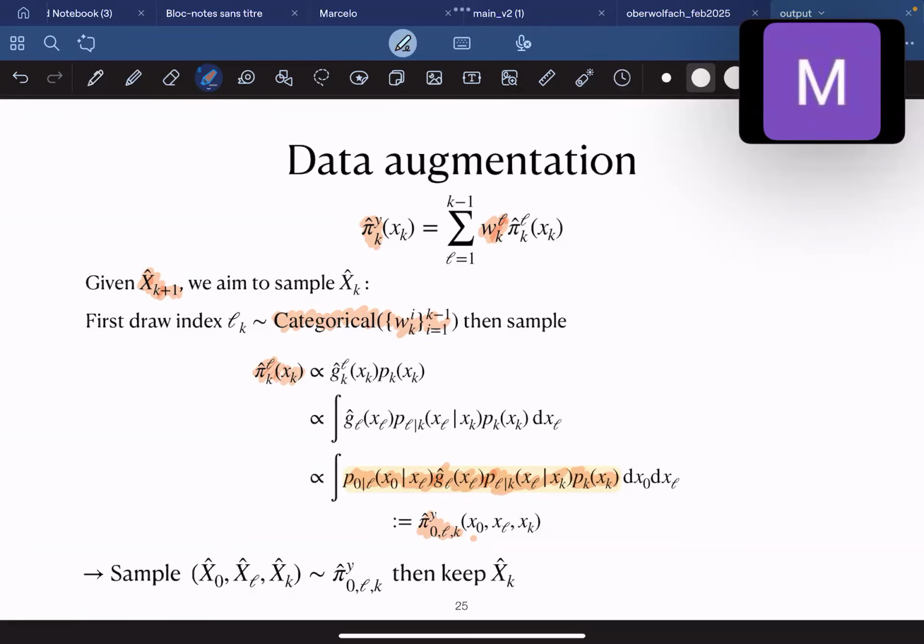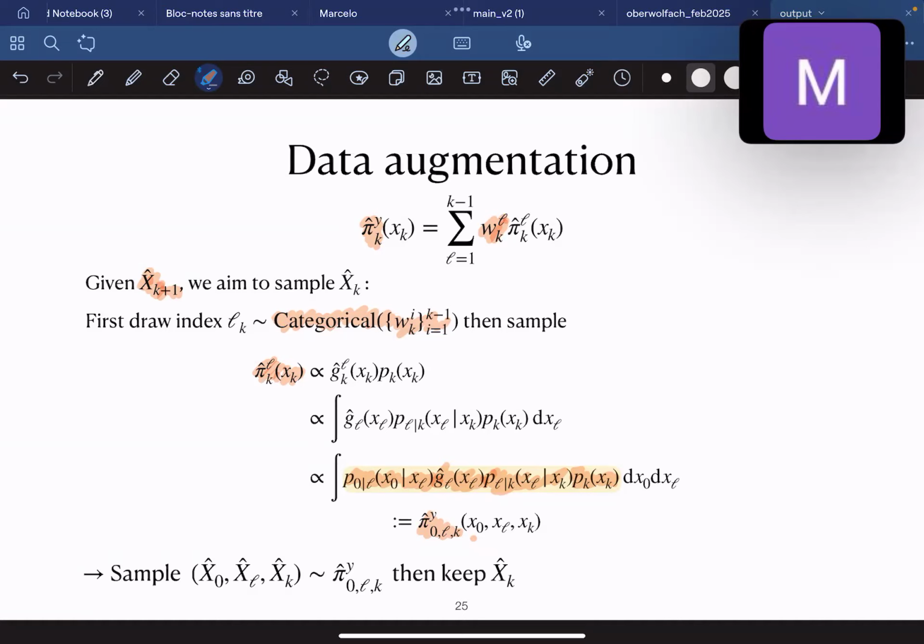So now, based on this observation, you can make use of a Gibbs sampling approach, trying to sample this joint distribution by sampling from the conditional distributions, and just keep the k marginal associated with this sampling. Here, of course, in this Gibbs sampling approach, I will initialize x_k by my previous sampling at iteration k plus 1, x_{k+1}.